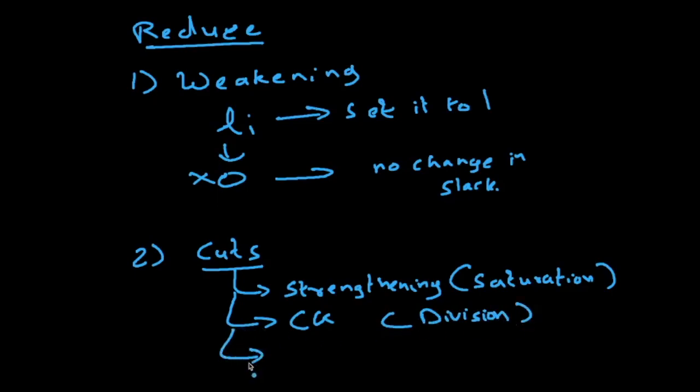And the third one: if you are doing strengthening and Chvátal-Gomory, why not some other cuts from the literature, which is mixed integer rounding cuts, MIR cuts. This is actually a contribution of this paper, while the earlier parts already existed in the literature. Okay, so let's look at all those things.